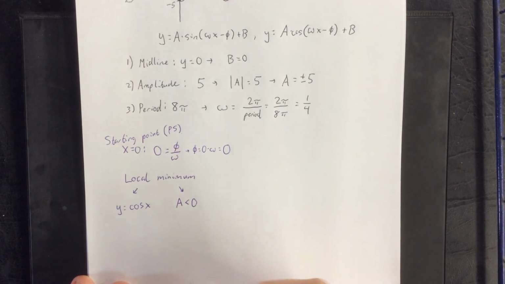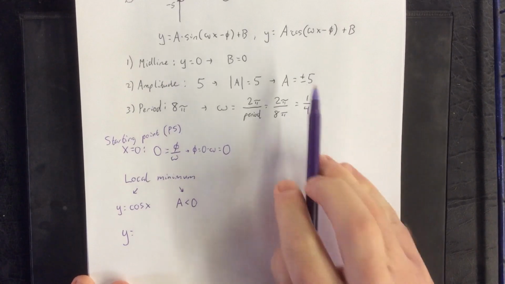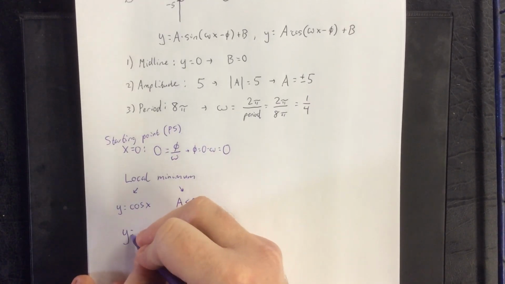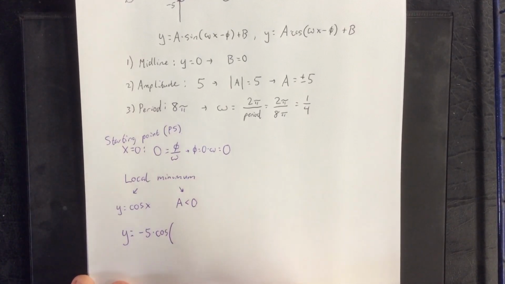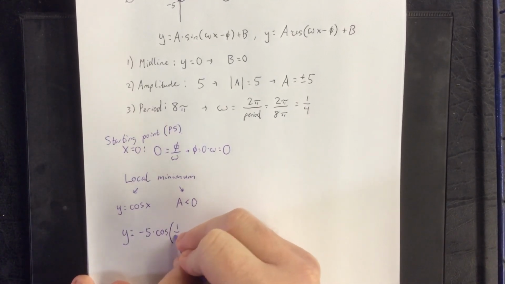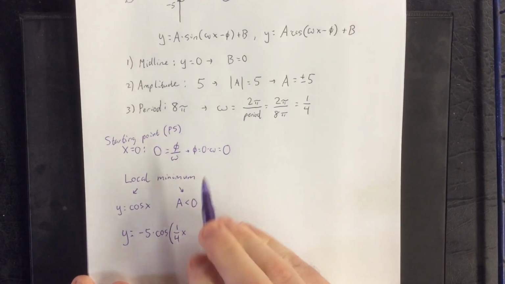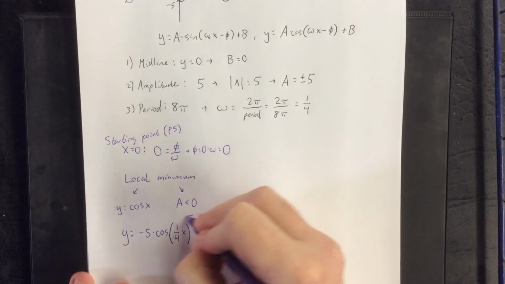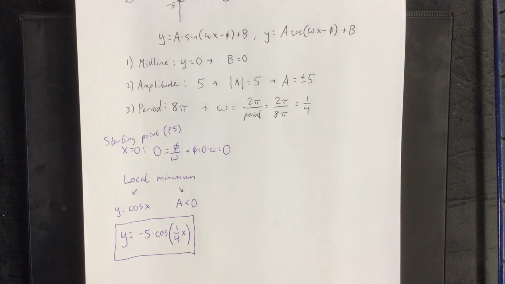So when we put this all together, that means that we'll be dealing with y is equal to a, which I now know I want the negative version of that. So negative 5 times the cosine of omega x, omega we got right here, omega x minus phi plus b. If I got this as a final answer, I would be happy as a clam.